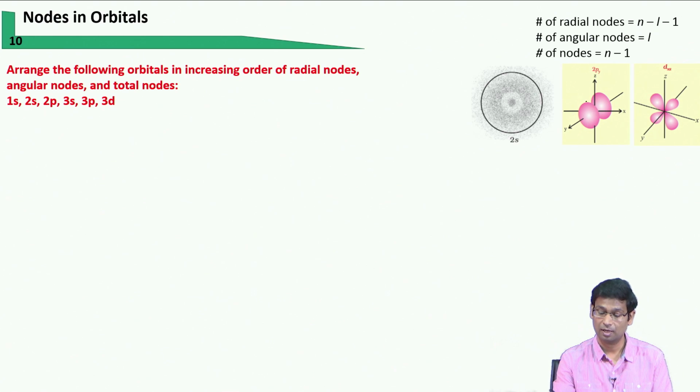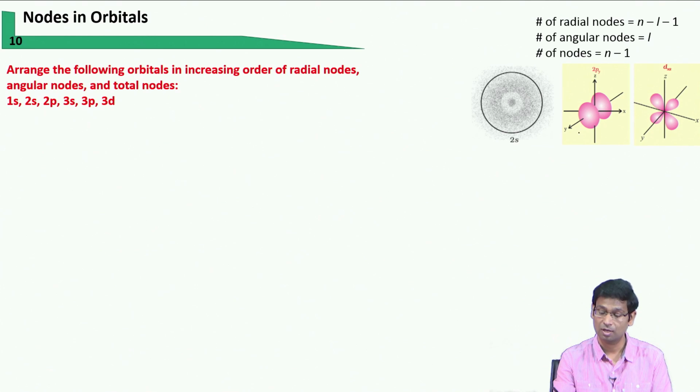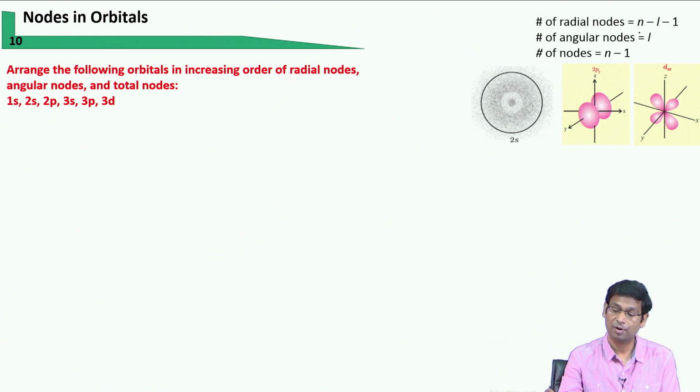So there is a lobe above the xz plane, there is a lobe below the xz plane, but not on the xz plane. So there is a planar node for 2p, and similarly for 3d orbitals or any d orbitals, you have got two planes along which the nodes are there. So there are two angular nodes for d orbitals, one angular node for p orbital, and no angular node for s orbitals.